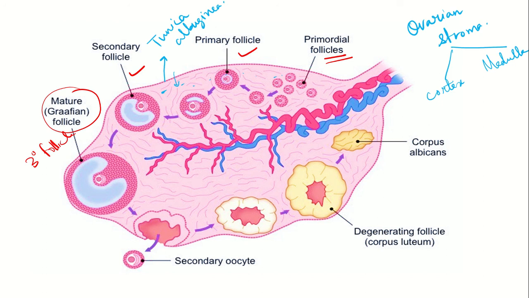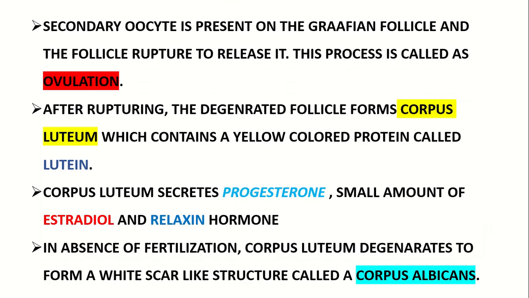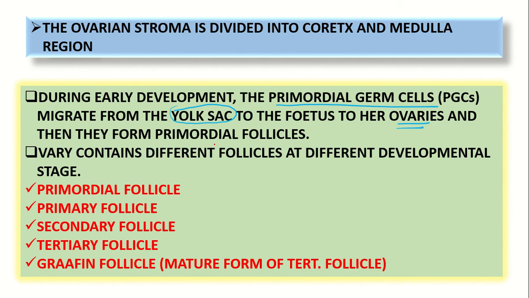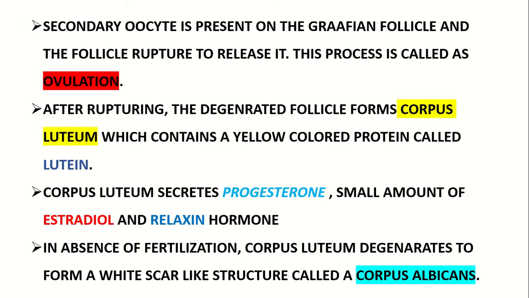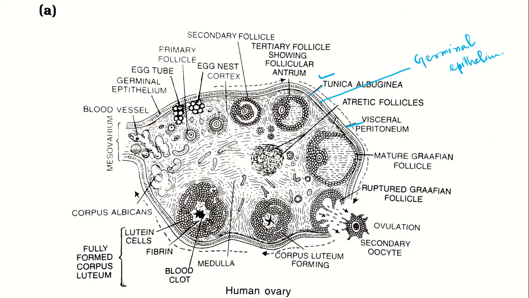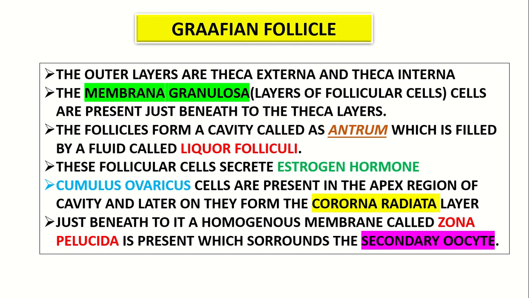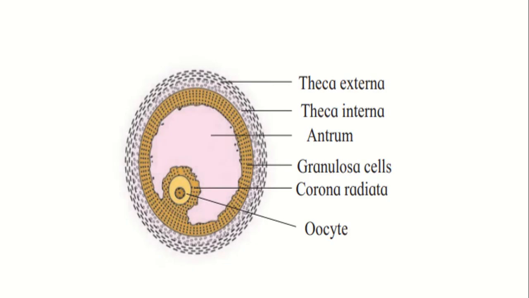If we talk about the Graafian follicle, it is a significant structure. I have already written here the different follicles present in the ovary. The Graafian follicle is covered by a theca layer.